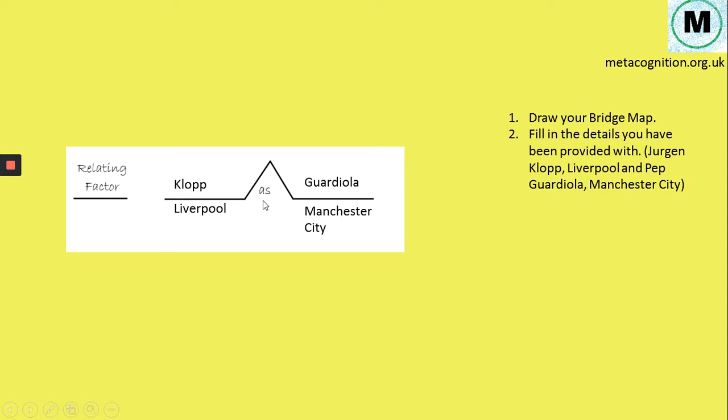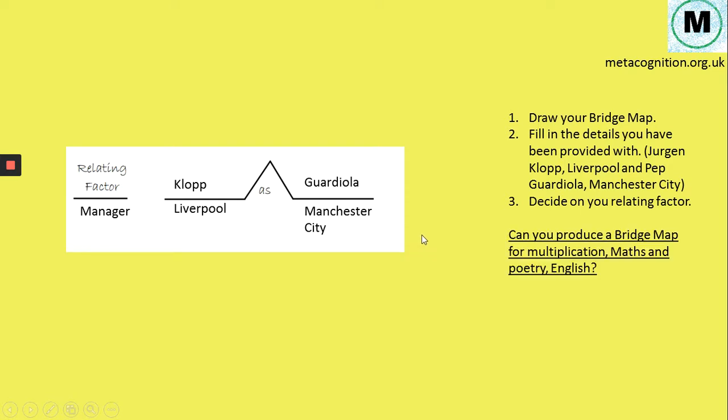What we need to do is see what links both of these together. And the thing that links them together is that they are managers. Jurgen Klopp is the manager of Liverpool, and Pep Guardiola is the manager of Manchester City. So we could write that out as a sentence: Klopp is the manager of Liverpool, as Guardiola is the manager of Manchester City. And I'm correct, so I know that I've done it right.